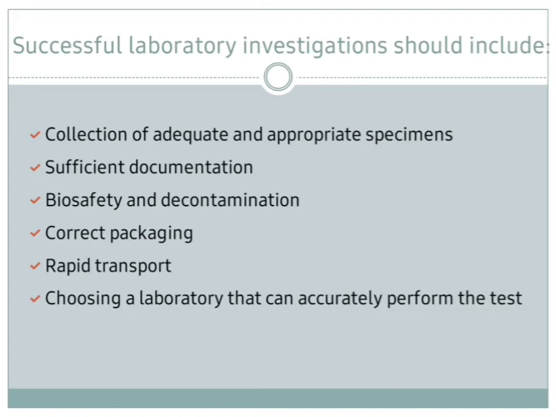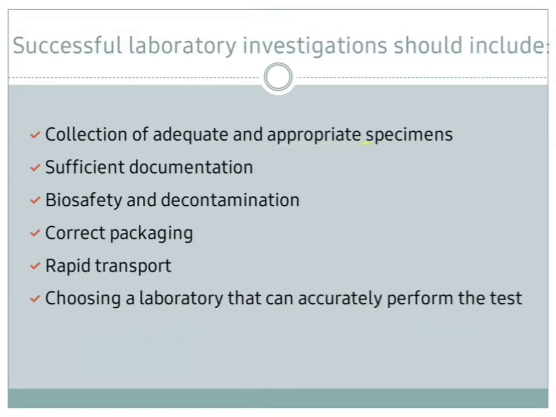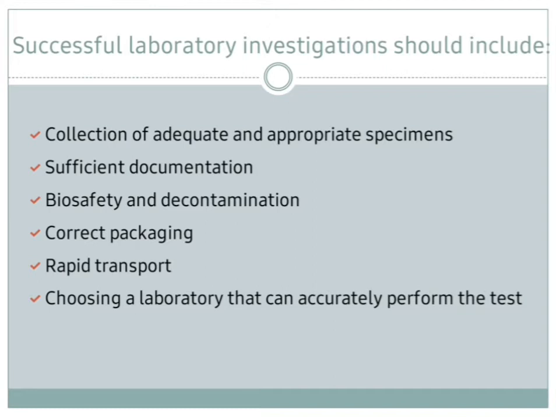These points include, first of all, collection of adequate and appropriate specimens. يعني الكمية يجب أن تكون ملائمة ومناسبة للفحص، و from appropriate specimens يعني السبيسيمين يجب أن يؤخذ من مكان الانفكشن. وين الانفكشن؟ وين الديزيز؟ وين الأعراض؟ من هناك تؤخذ السامبل، يؤخذ السبيسيمين حتى نحصل على النتيجة الصحيحة للفحص.